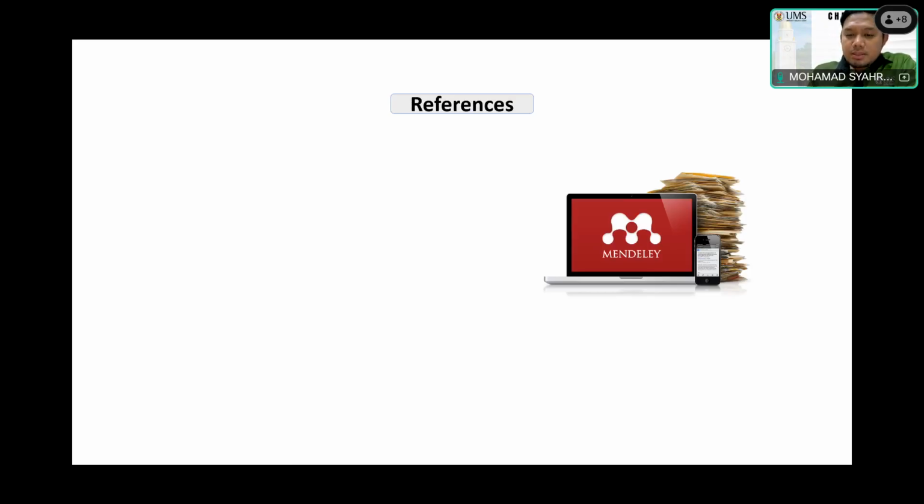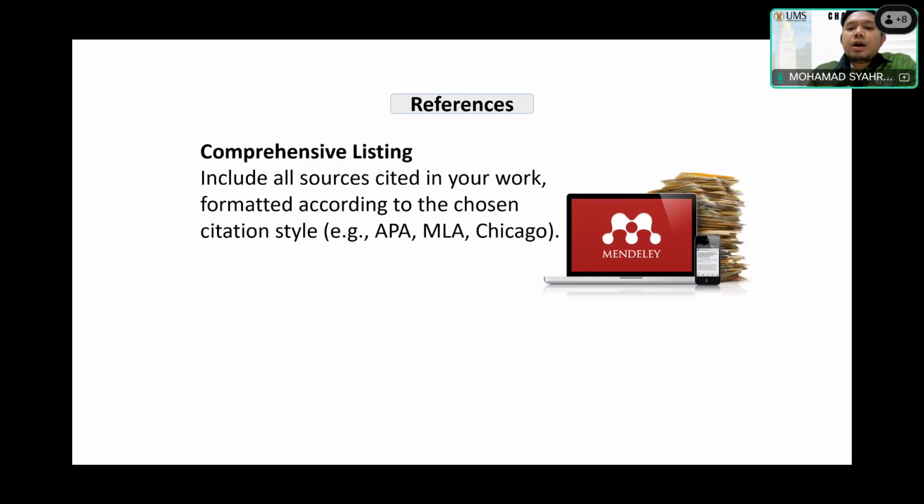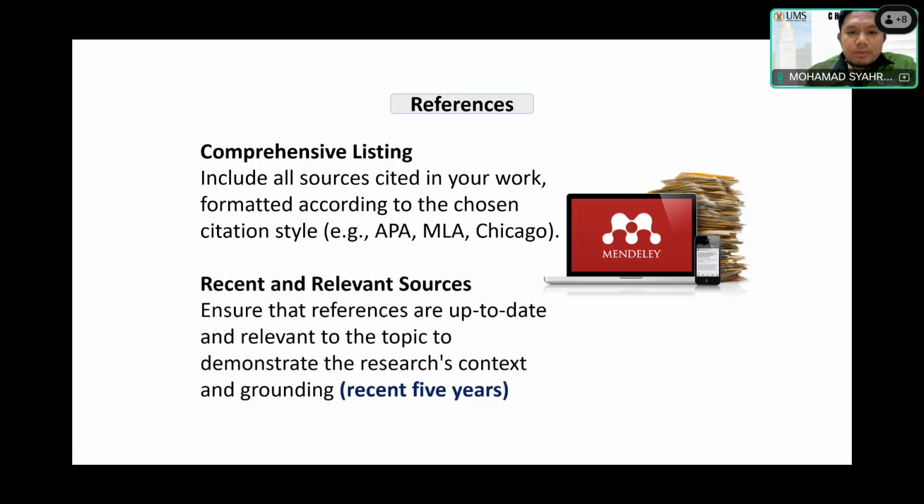References. This is one more thing that you are encouraged to use: Mendeley, for example. If you don't want to use Mendeley, you can use another reference tool like Zotero. If you use the tool, it's more efficient. It saves your time in arranging the references.